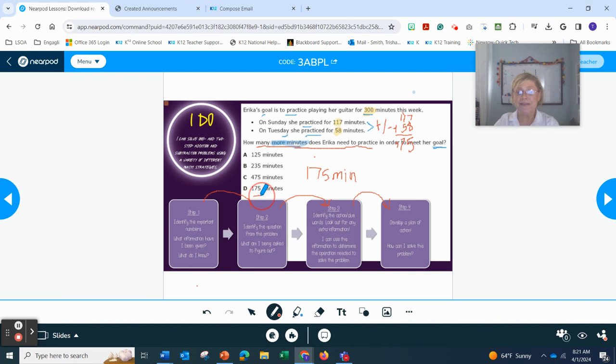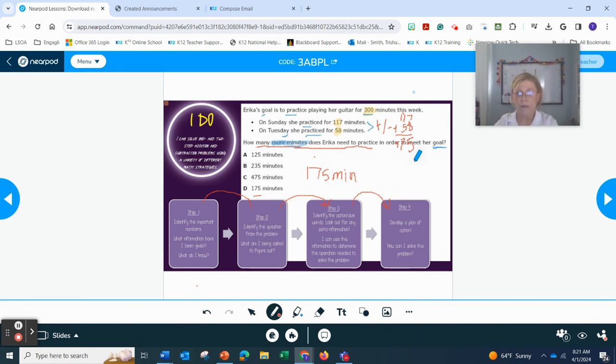They're going to put things right there to trick you and to be like, wait, I just got that answer. Can I stop there? No, this is a 2-part question. So now that we've added that total, we must keep going.